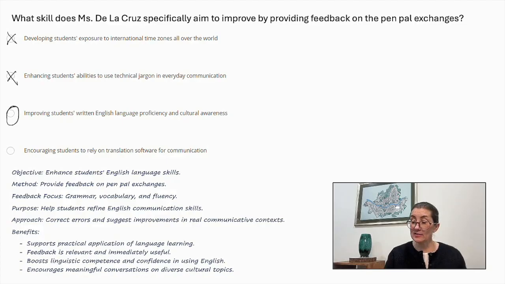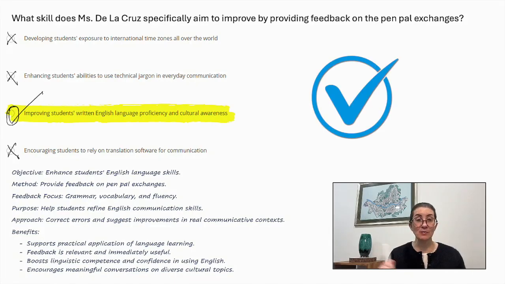That is the primary reason, and I just want to look at the last answer just in case it's even better. Encouraging students to rely on translation software for communication, and that is most certainly not the case. So the correct answer is improving students' written English language proficiency and cultural awareness.